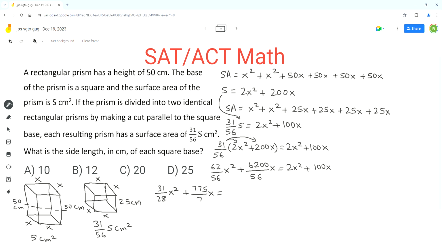Both 6200 and 56 can be reduced by 8. So this is the reduced equation. Now we can combine like terms. We can move all terms to the left side of the equation. We can subtract 2x squared and 100x from both sides.